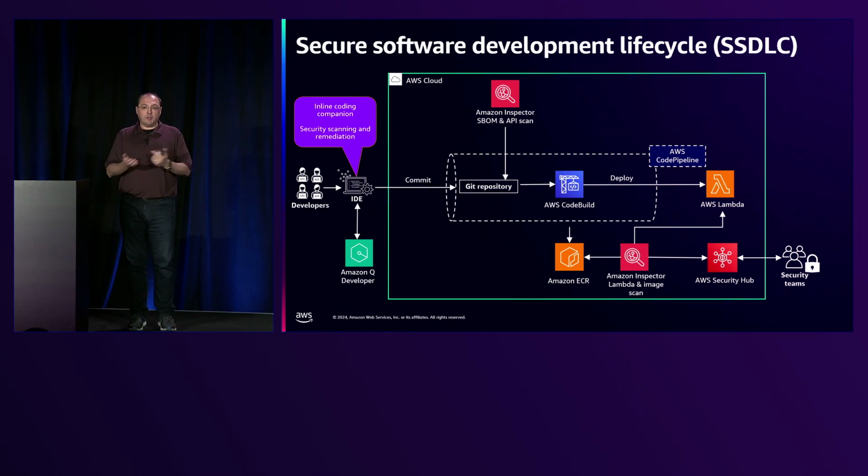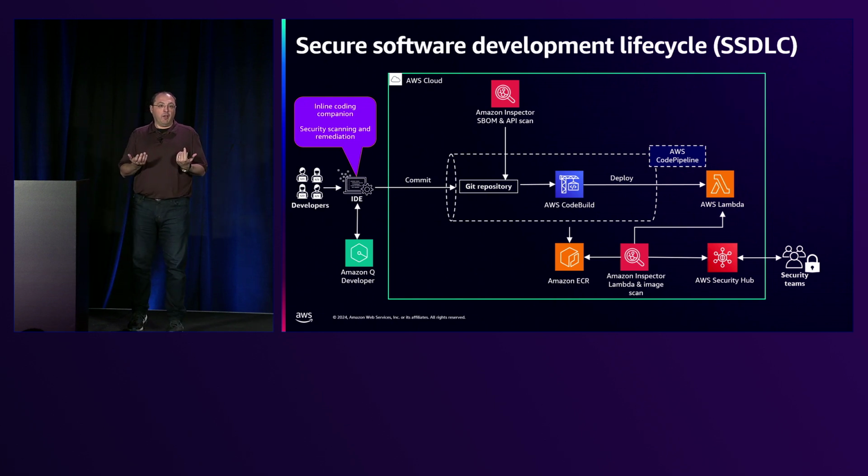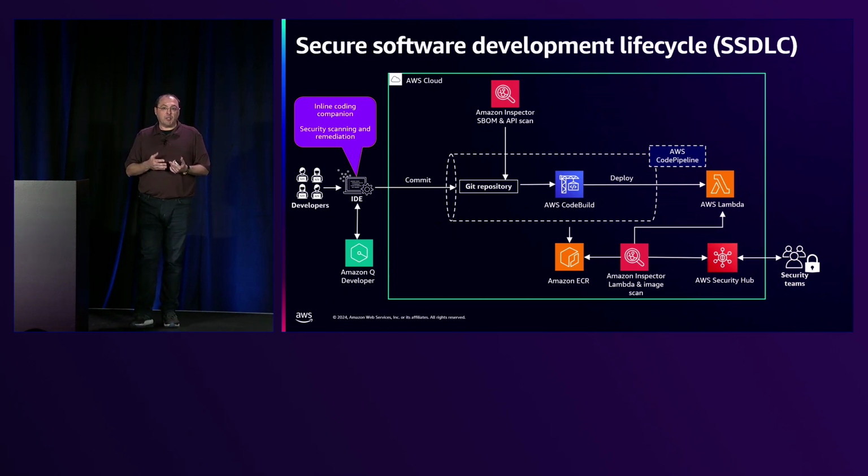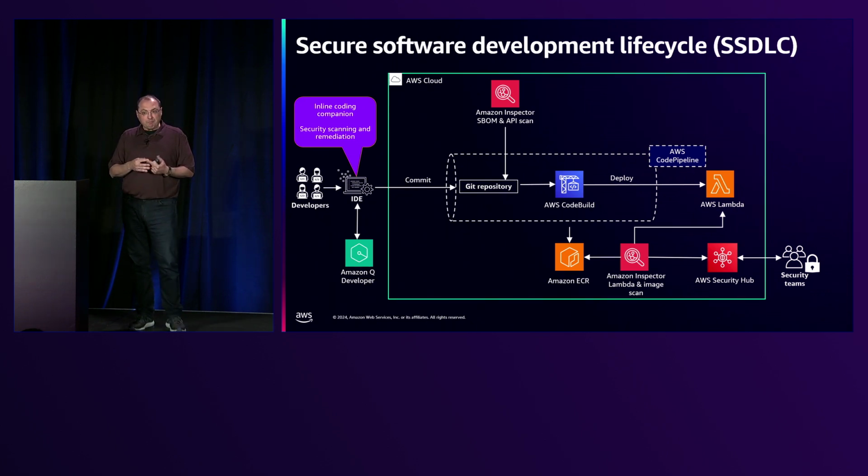Code goes into our source code repository, and at that point, we want to apply our security checks. So CodeGuru Security and Amazon Inspector do software composition analysis and static application software analysis, and make sure that the code we've been writing and the code that we're dependent upon, in terms of libraries and dependencies, is secure at that point.